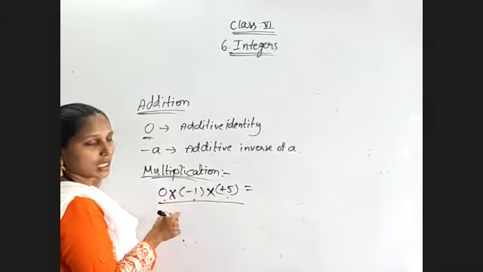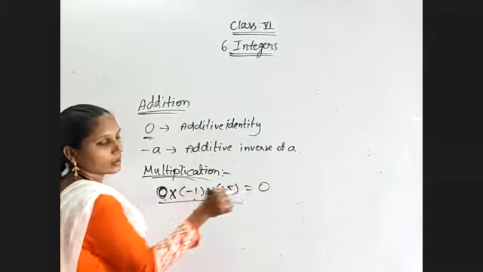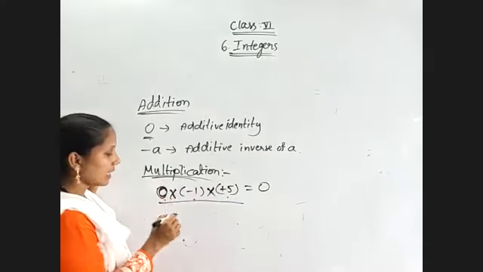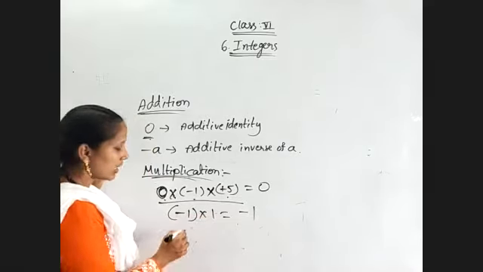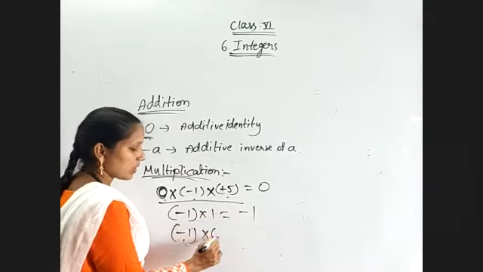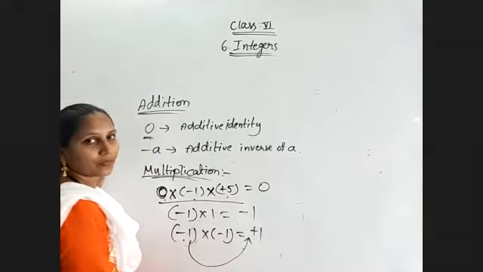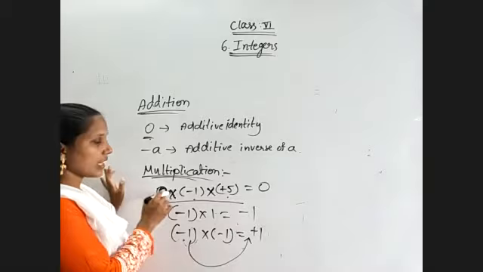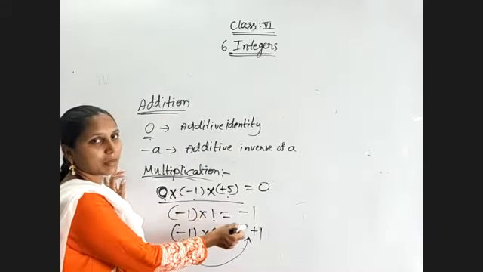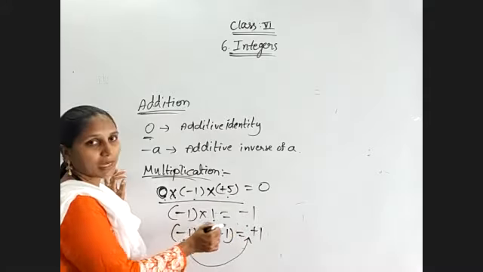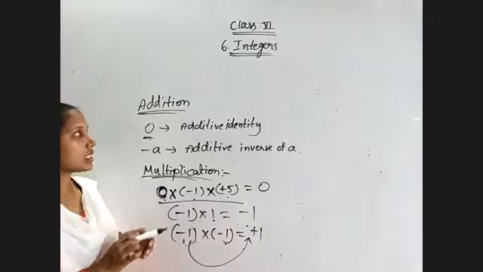Whenever we are multiplying 0 with any number, the result is 0. If I am multiplying with 1, then I will get the same number as the result. If I am multiplying with minus 1, then I'll get the additive inverse of that number. Okay, these are things to remember.